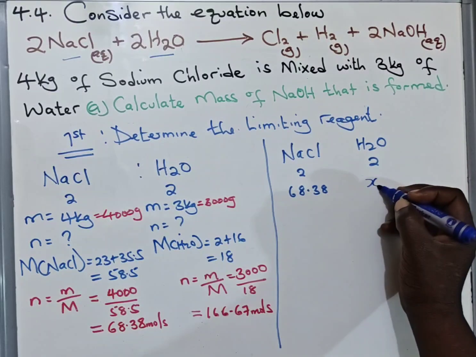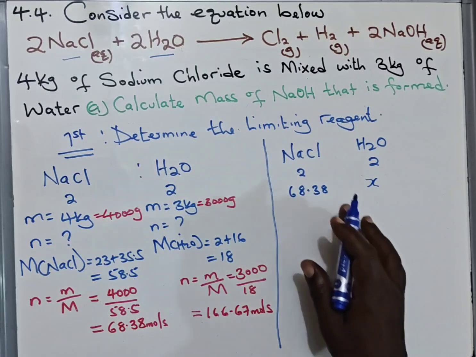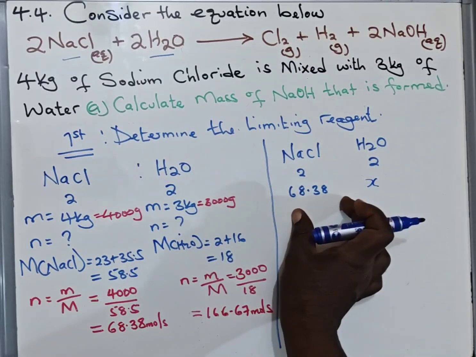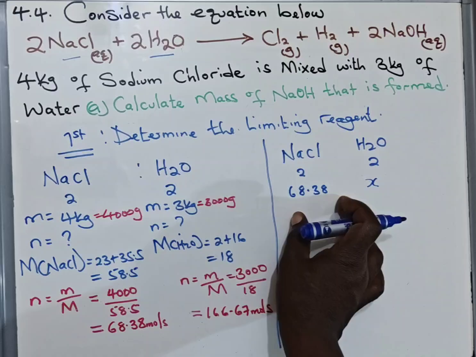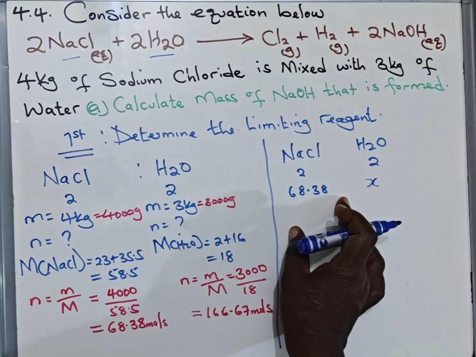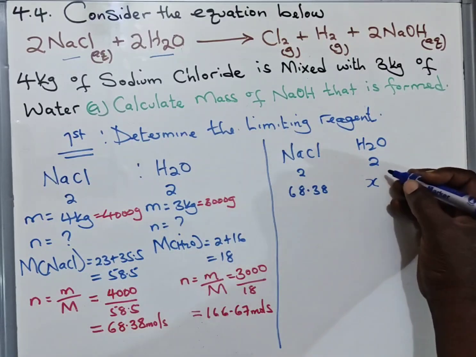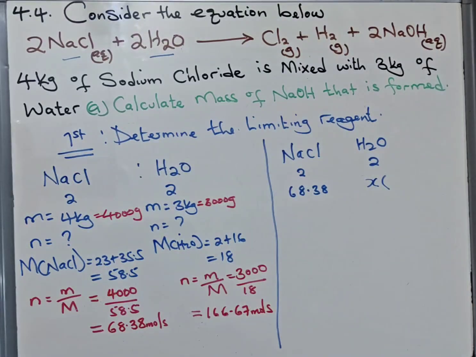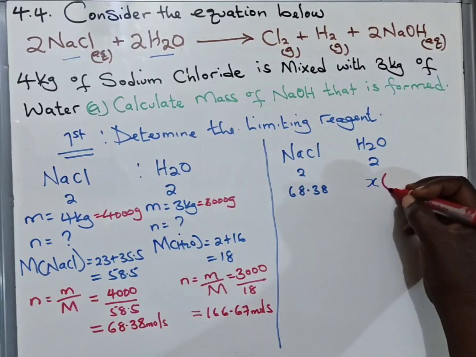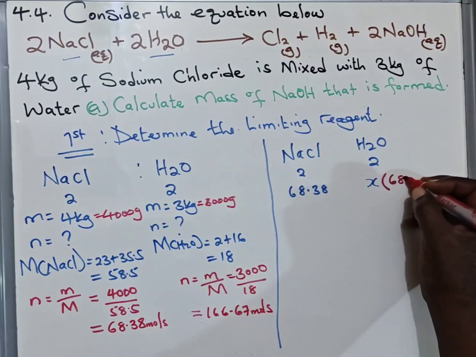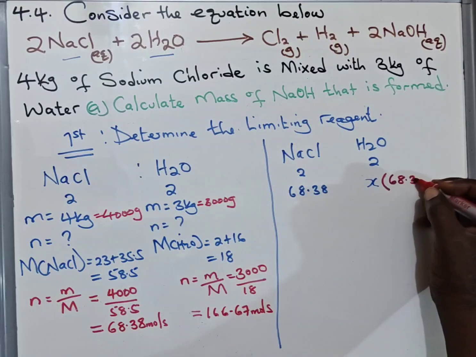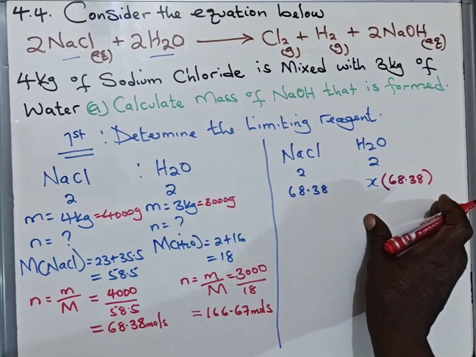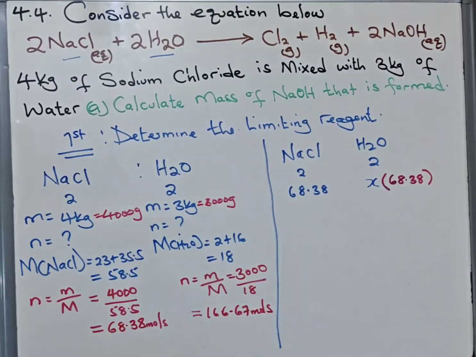So we can determine which one is required. 2 to 2 is the same as 1 to 1, implying that when you use 68.38 moles of sodium chloride, because the ratio is the same, it will require the same. You don't have to perform any calculation here. So it's going to be 68.38 as the number of moles of water required for this reaction.